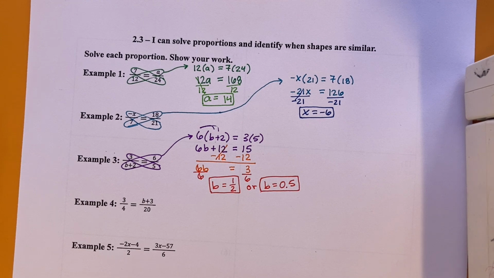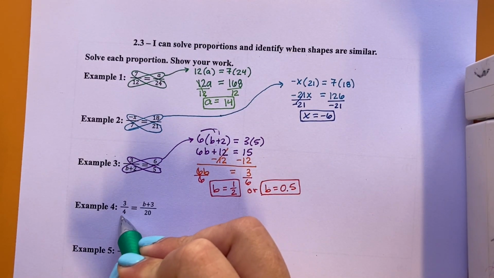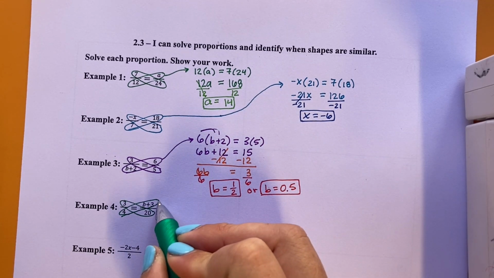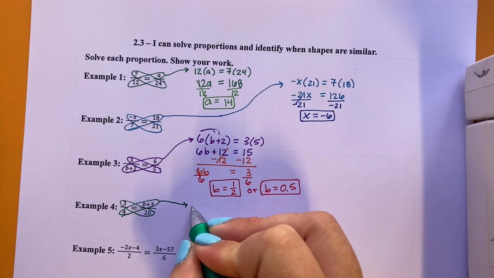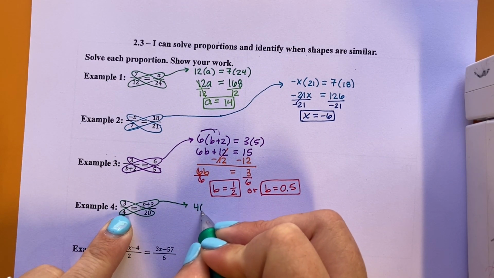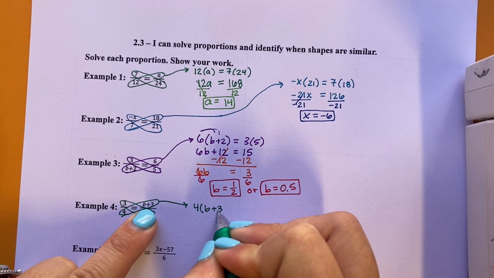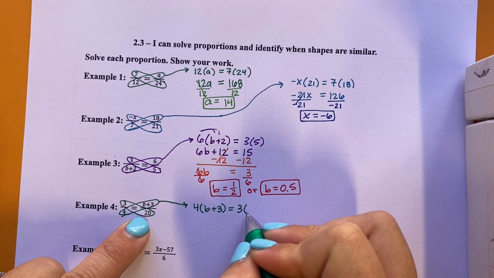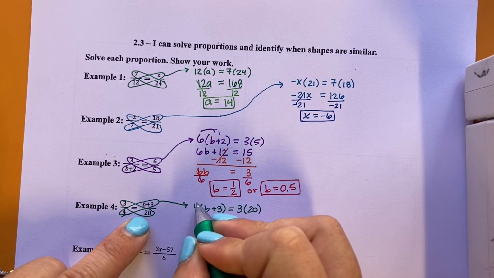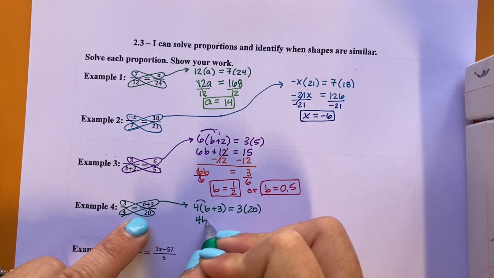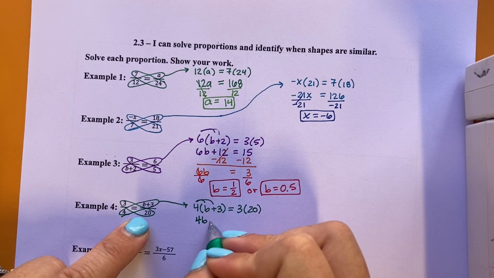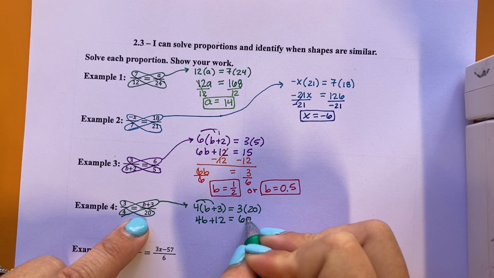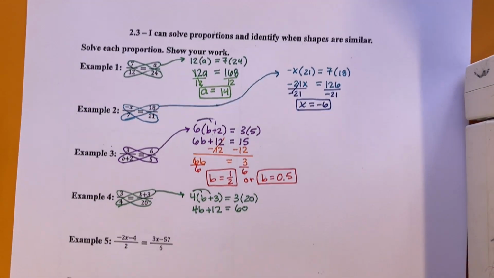Okay, on example 4, we cross multiply. So I would have the 4 being multiplied by b plus 3 equal to the 3 times the 20. 4b, 4 times 3 makes a 12. 3 times 20 makes 60.